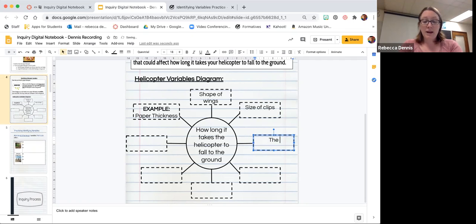The length of the body. So if we made this body longer or shorter, maybe that might change it. The length of a wing.